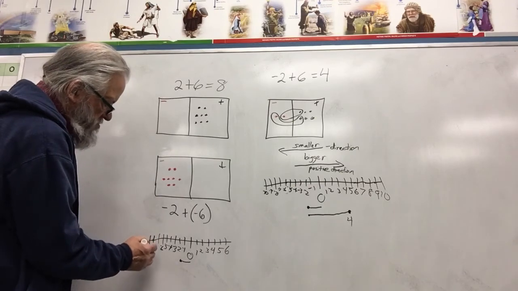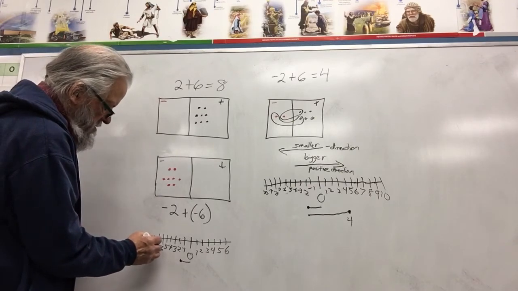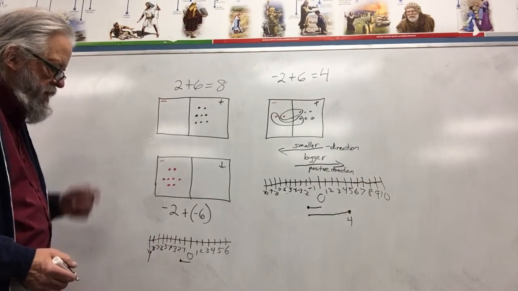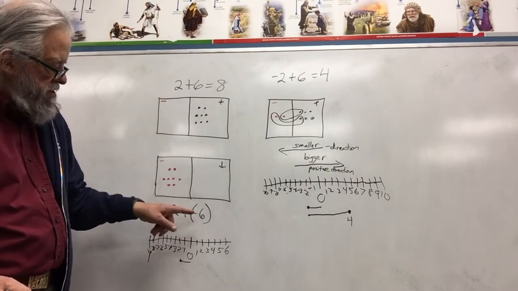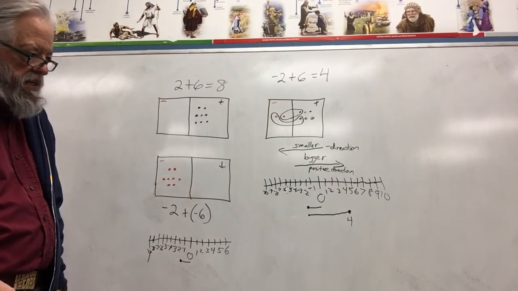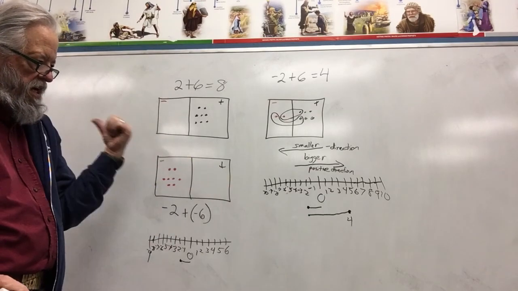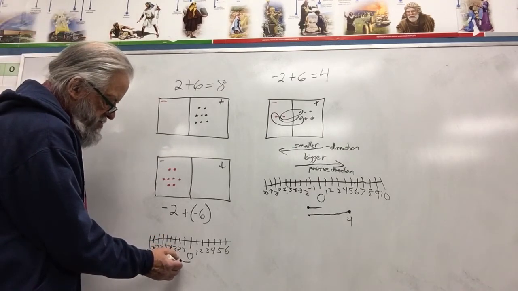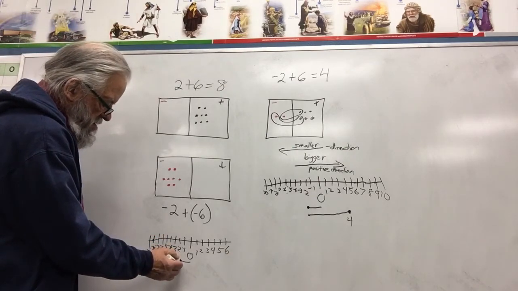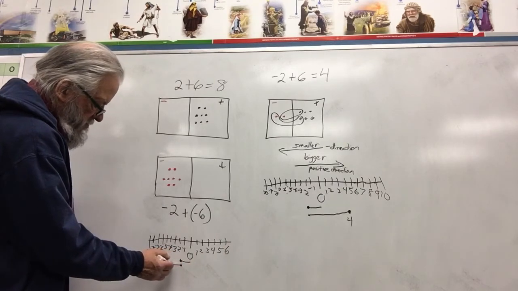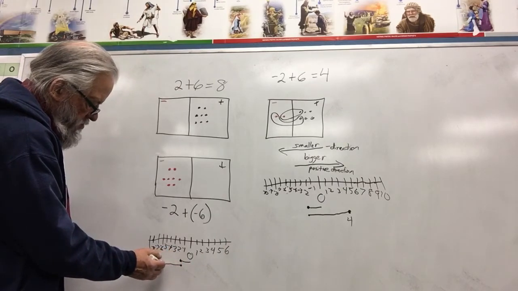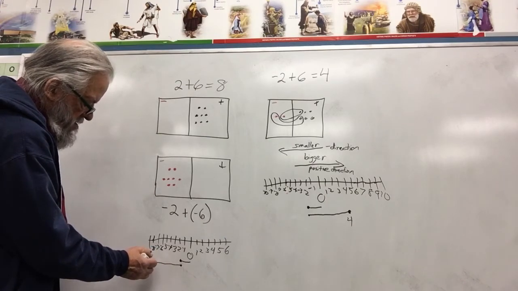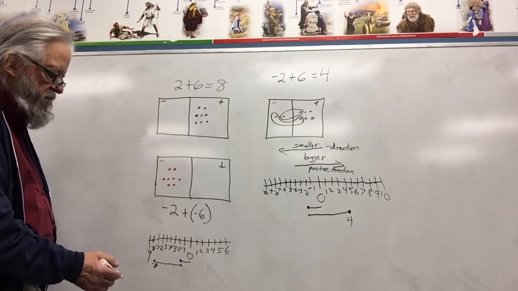Let's see, I'm going to have to add some more here. -7, -8, -9. Okay, so now watch. I'm adding a -6, and negative direction is to the left. So I'm starting here at -2, and I'm going to the left. 1, 2, 3, 4, 5, 6. So I'm right there at -8.